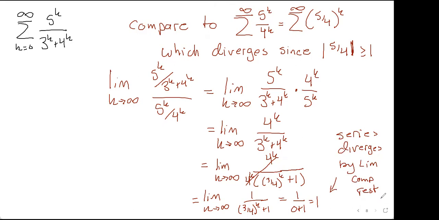So let me do this another way, which I think is something that is less out of left field, but still a little surprising: 5 to the k over 3 to the k plus 4 to the k.